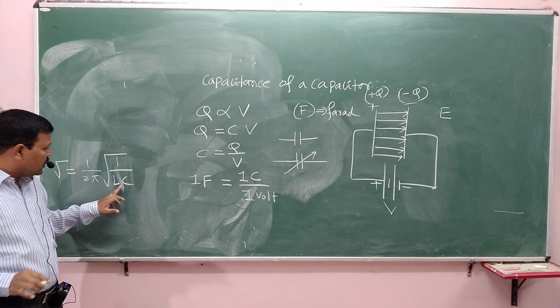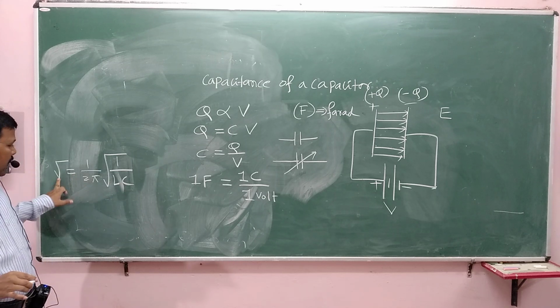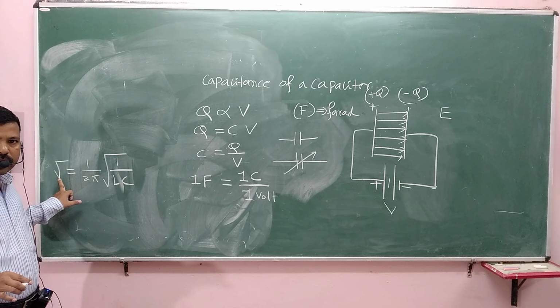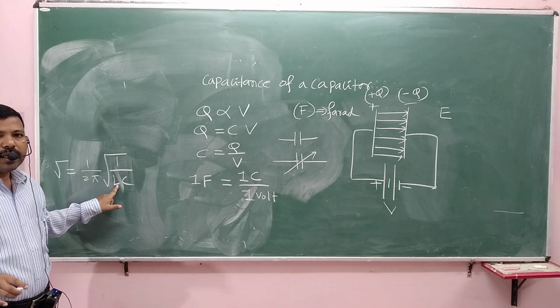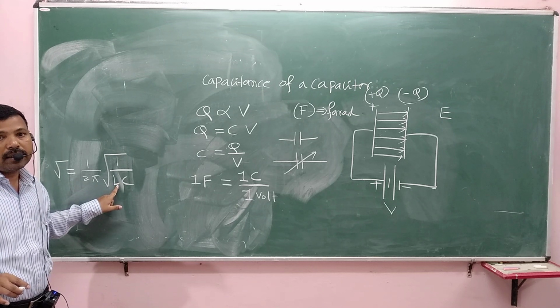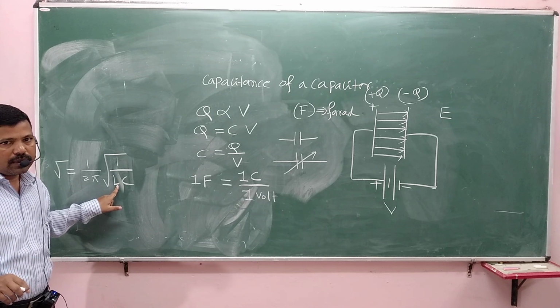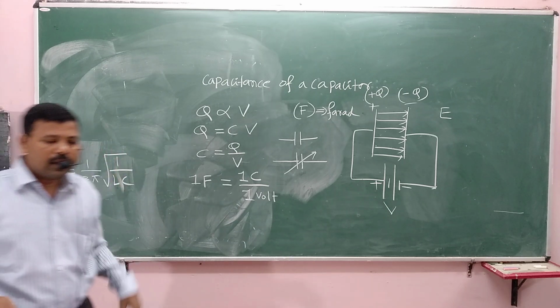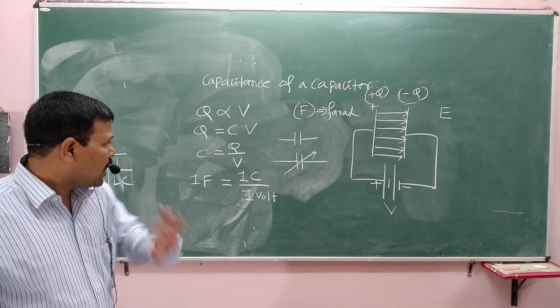So as we change the value of C, the frequency also changes. But the inductance of the inductor is kept constant. This we will see in the topic AC current. Come back.